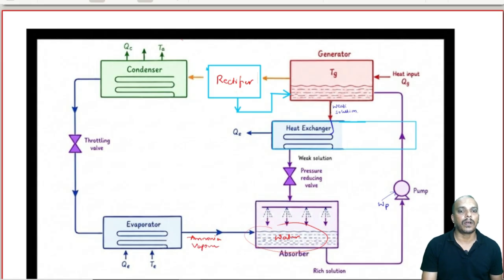That is absorbed in this absorber. Then we have a rich solution which we pump back to the generator, where we supply the heat, and then we end up getting the high pressure ammonia. Then that is condensed back, and this cycle continues.